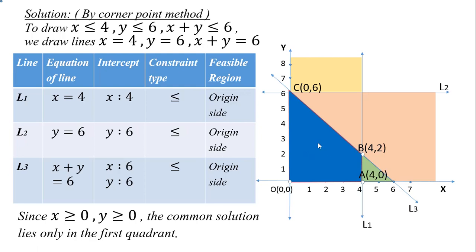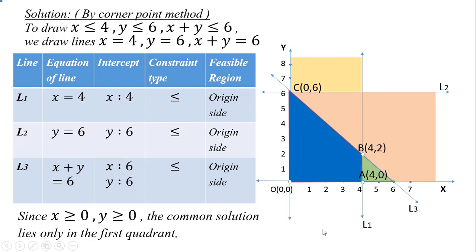Feasible region means all the points in this region will satisfy all the given constraints. So we find the value of z at these 4 corner points.